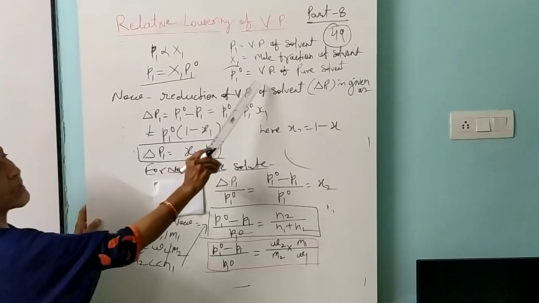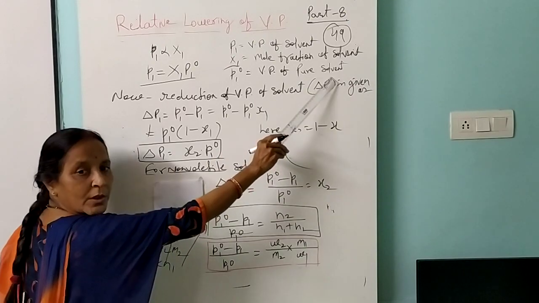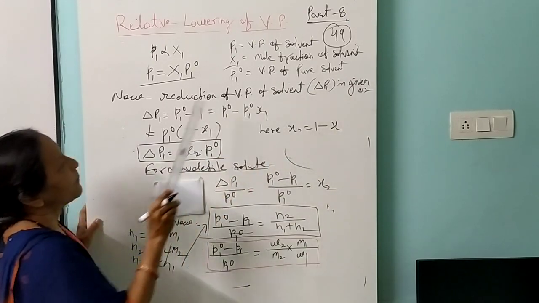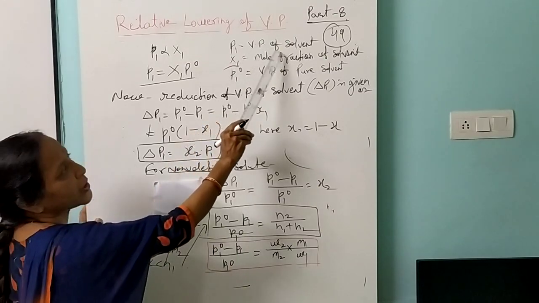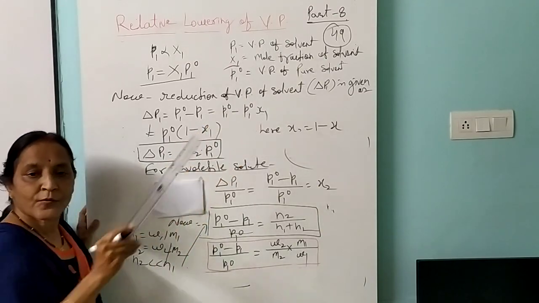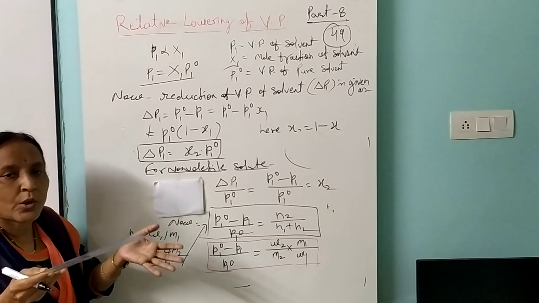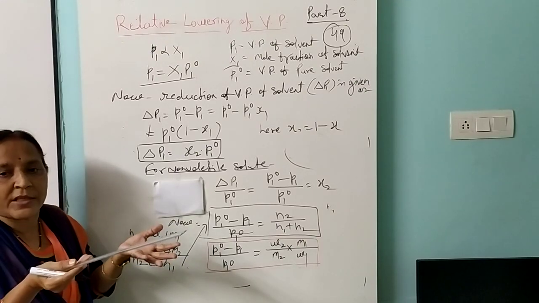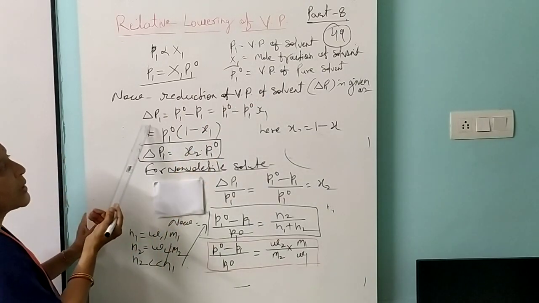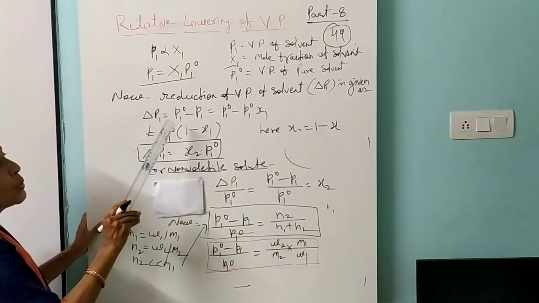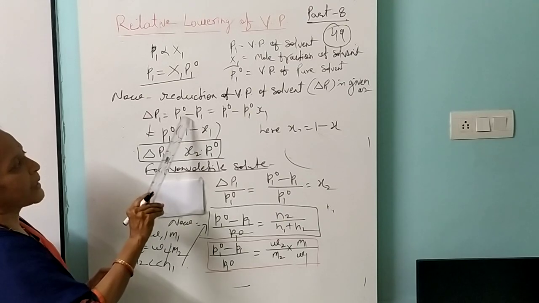P1 0 is the vapor pressure of pure solvent, minus P1, the vapor pressure of solvent when the solute is dissolved and the solution is there. That is the condition I am considering here. So delta P1 is equal to P1 0 minus P1.